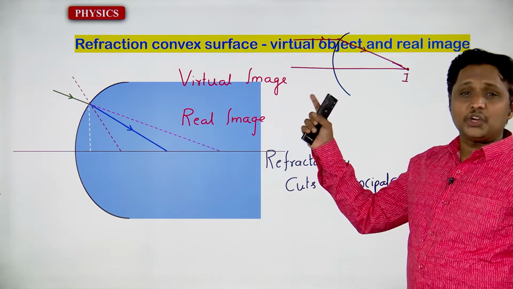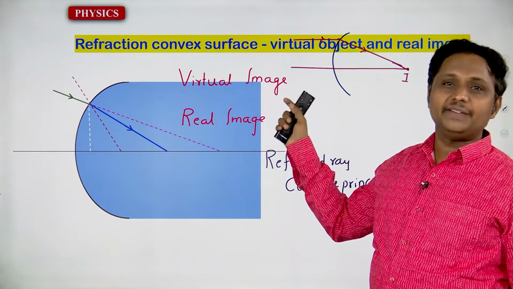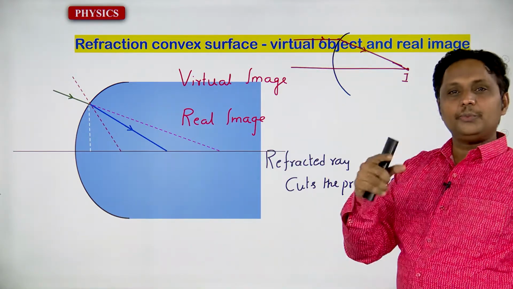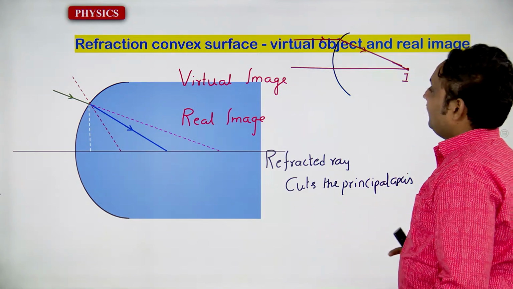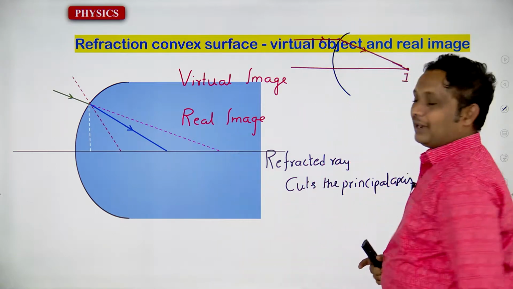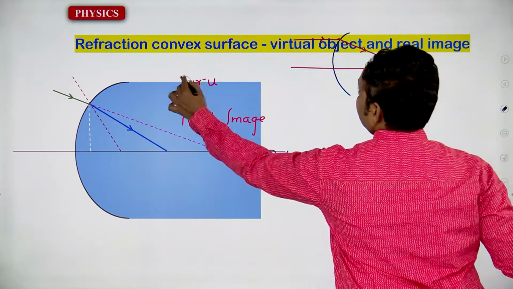The light rays which originate from somewhere else, you just have to confirm that the object is going to be somewhere else. So you can confirm it's going to be the virtual object, but when it cuts the principal axis, this is the principal axis.